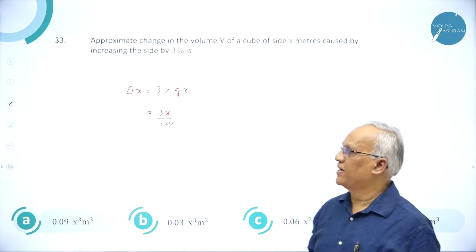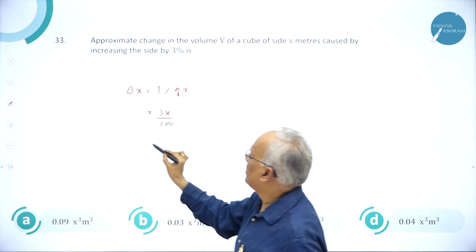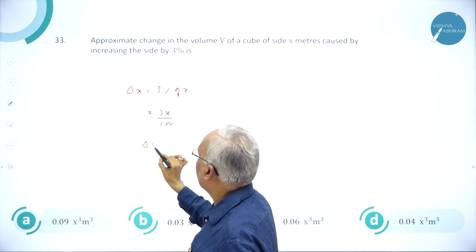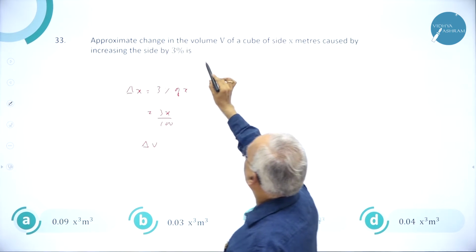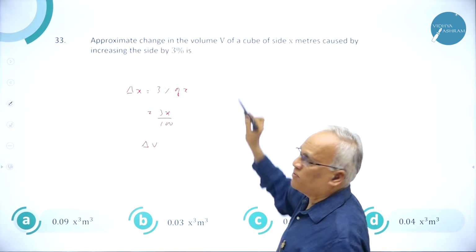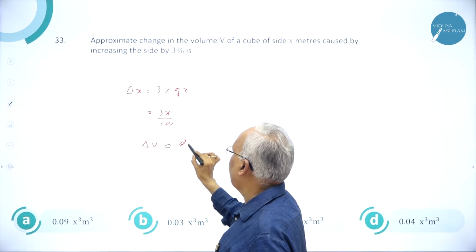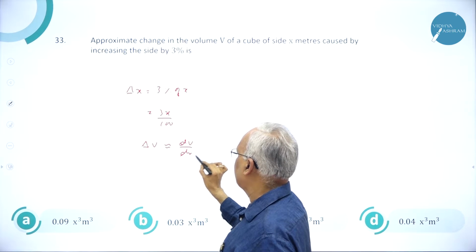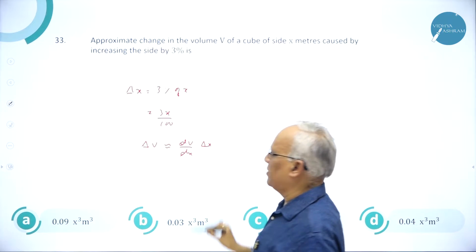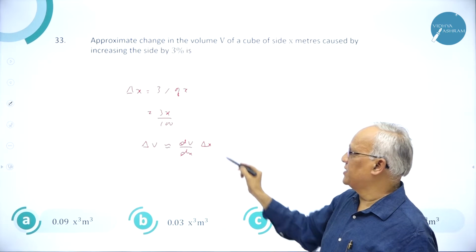Now you want delta V, the approximate change in volume. Delta V is approximately equal to dV by dx into delta x.